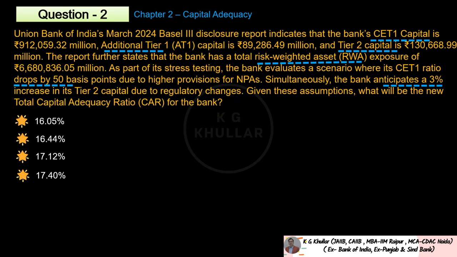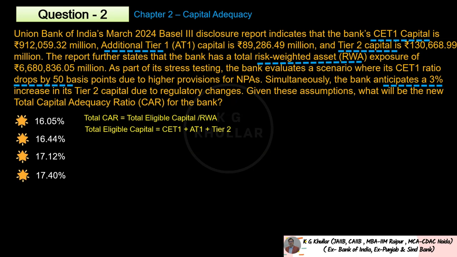Now friends, you all know that total capital adequacy ratio is calculated using total eligible capital divided by risk-weighted assets. And total eligible capital is nothing but CET1 plus AT1 plus tier 2 capital. So you just need to find the change in CET1, AT1 and tier 2 capital and then plug all these into this formula to get the new capital adequacy ratio. So this is the blueprint of the question.